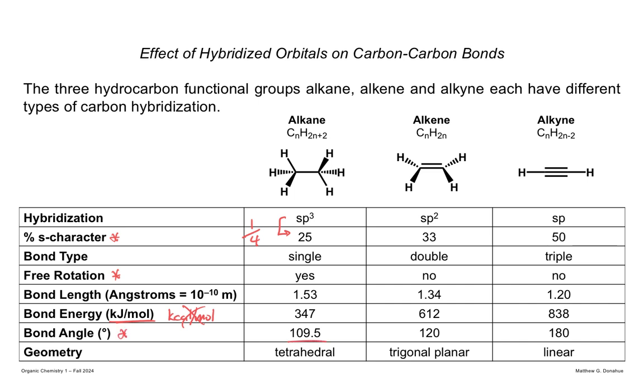Tetrahedral is 109.5, trigonal planar is 120, and linear is 180. The geometries and the angles will sort of track into the new functional groups that we learn as well. So it's applicable to things other than hydrocarbons.